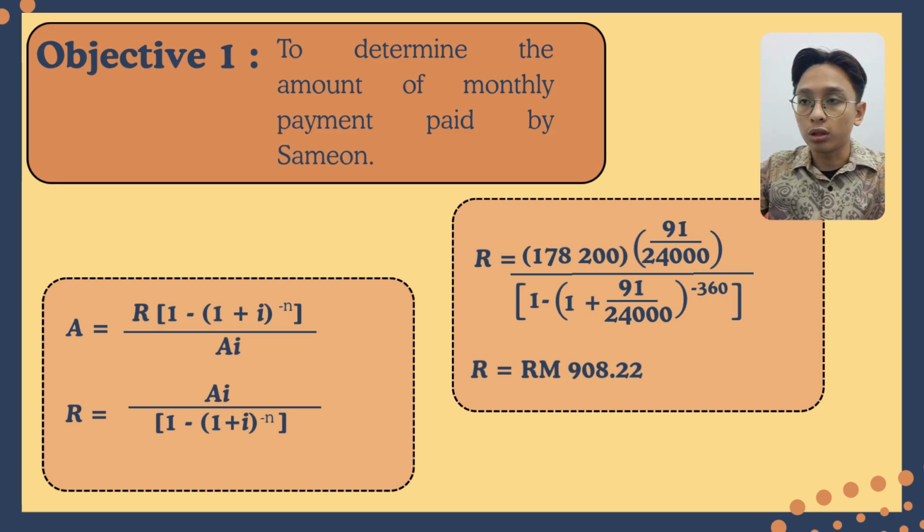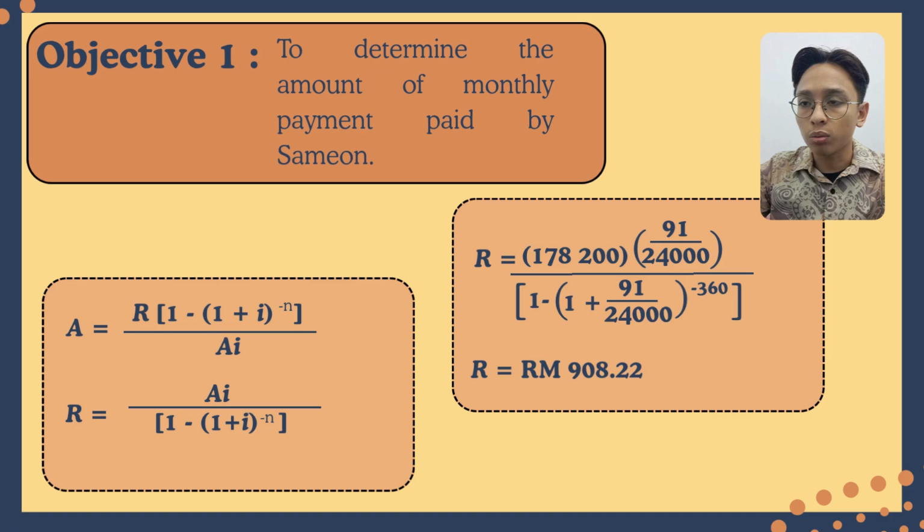For objective one, determine the amount of monthly payment paid by Samion. The formula we will use is A equals R bracket 1 minus bracket 1 plus I bracket power negative N per I. So we will change the position of the formula because the value of R is not given.